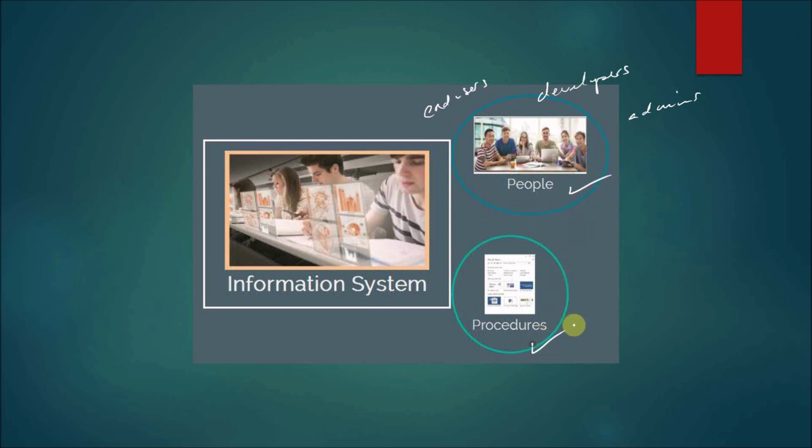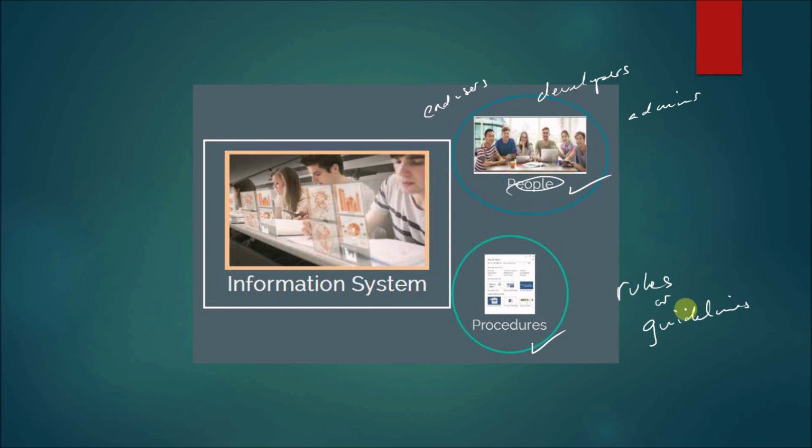In an information system, we also have what are known as procedures. Procedures are rules, or also referred to as guidelines for people. All right, procedures are rules or guidelines for people.